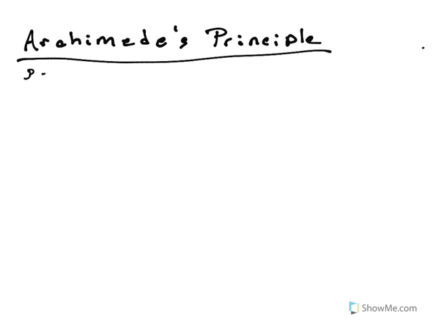Density, rho, is defined as mass over volume. We're going to need that. It's going to be important. And pressure was force per area. And these two variables are important when talking about fluids, and they'll continue to be important.